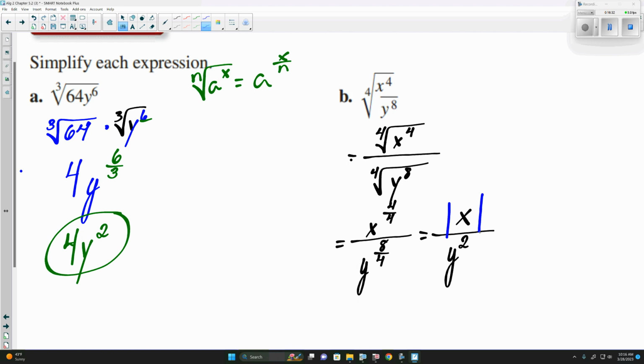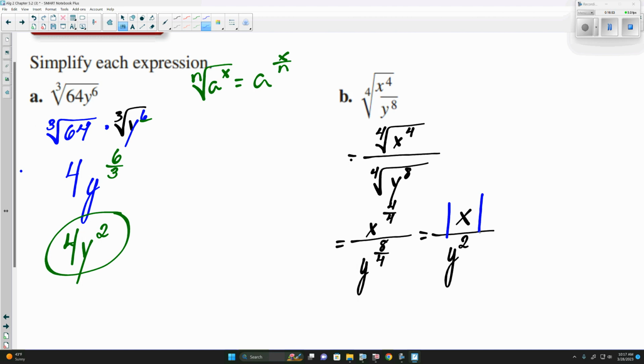Now this here is technically where we need the absolute values with x. We don't need it with the y squared because a number times itself is going to be positive. So we don't have to put absolute values with the y squared, because if the value of y was negative to start with, the y squared would make it positive. If it was positive, it's going to stay positive.